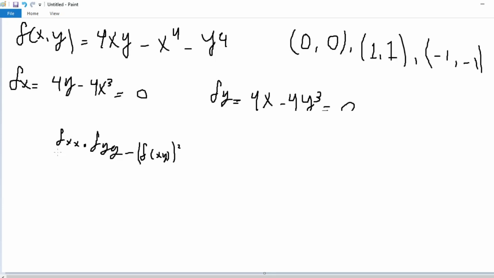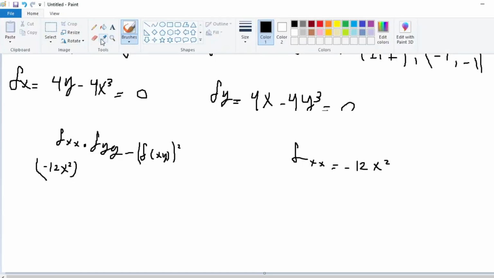So we need to find the f double x. The f double x is going to be 0, and negative 4 times 3 is going to be negative 12x squared. So this is the first value, negative 12x squared.